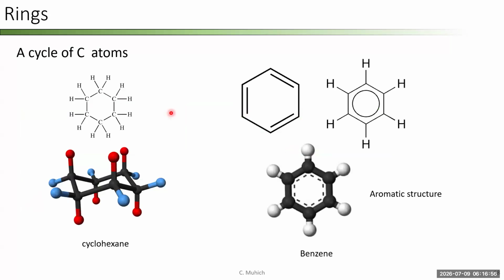Okay, so in addition to having these chains, we can have rings, which are cycles of carbon atoms. So here is a hexane, right? Over here we have only single bonds between the carbons. Here I've drawn out the hydrogens so you can see them.